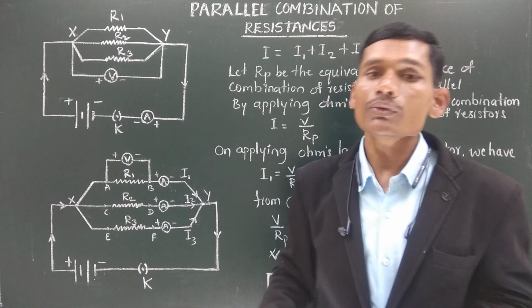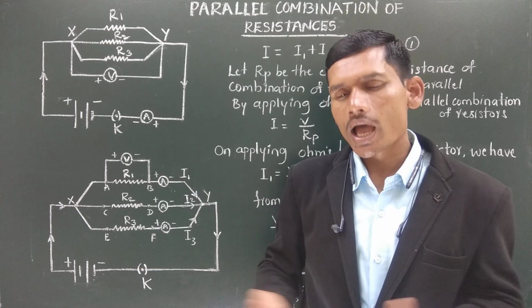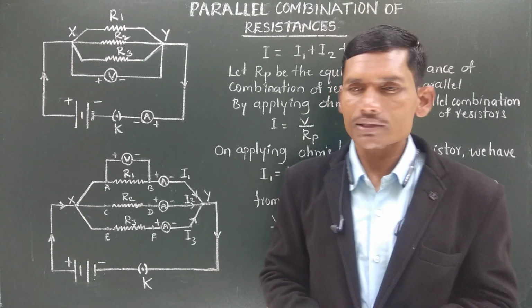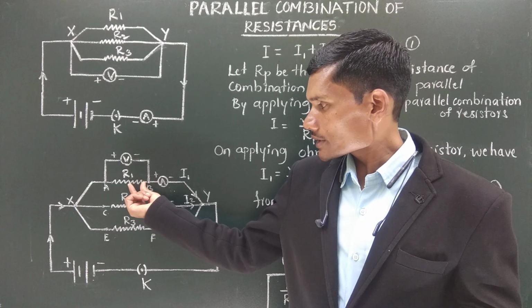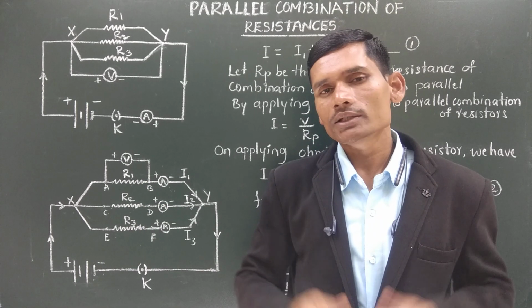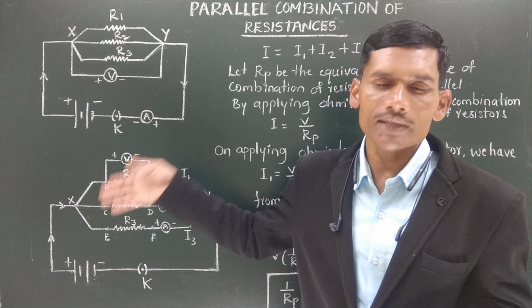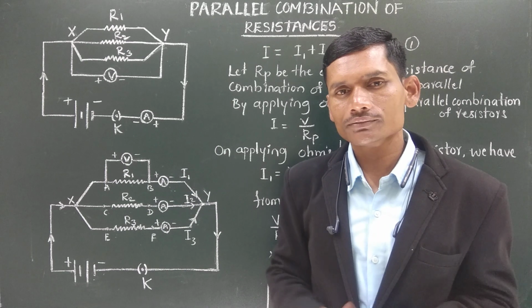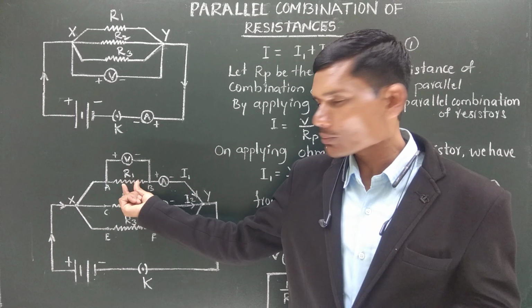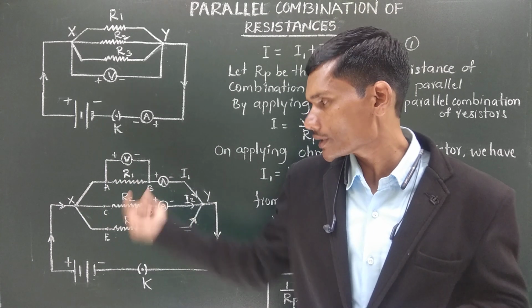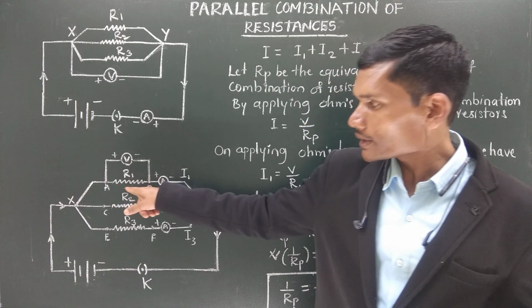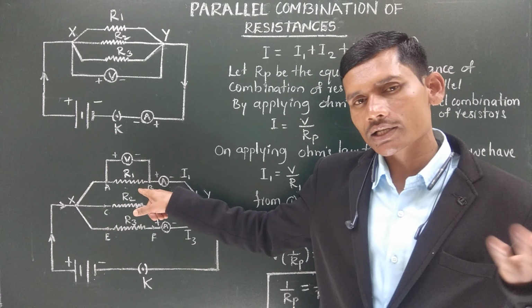Whereas current varies. Why does the current divide here as I1, I2, I3? Because each resistor has its own capacity to oppose the flow of electrons. That is what we call resistance, 1 ohm, 2 ohm, 3 ohm, right? So based on that, it opposes the flow of electrical charges through it, which is why it allows a certain amount of electrical charge.